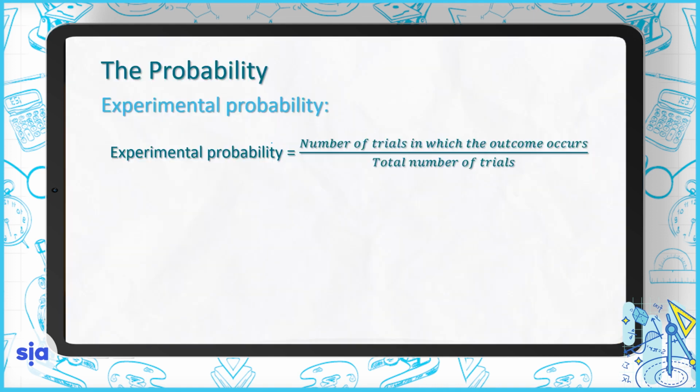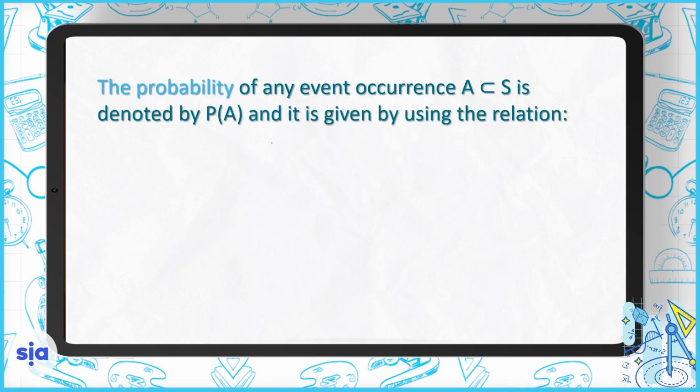The experimental probability equals the number of trials in which the outcome occurs over the total number of trials. What is a probability? The probability of any event occurrence A, a subset of S, is denoted by P(A), and it's given by the following relation.